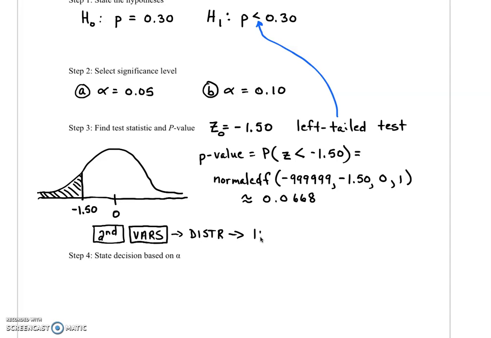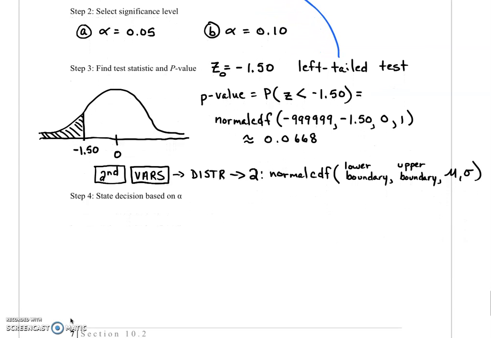And it is option number 2, normal CDF. It wants the lower boundary, then it wants the upper boundary, and then it wants the mean and the standard deviation.